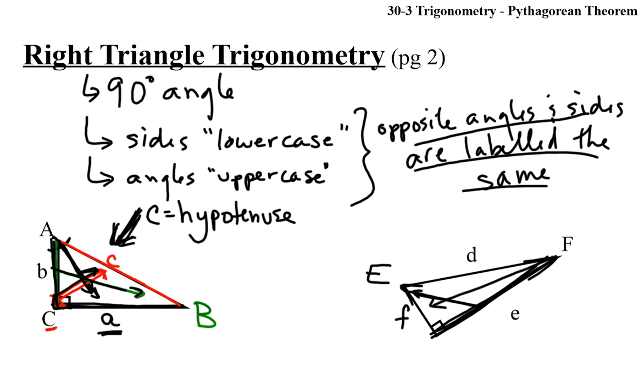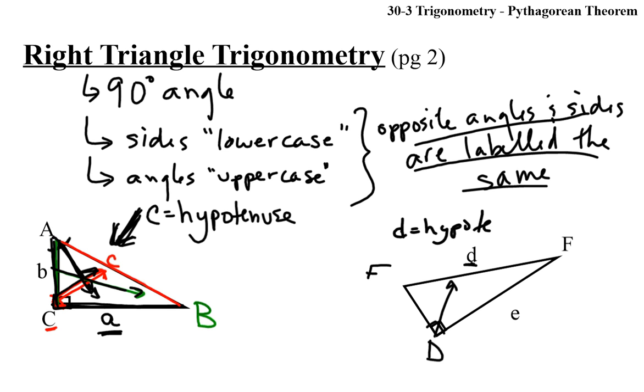That leaves one more angle, and we have side D, so that would have to be angle D, which makes sense because angle D is opposite side D. So that has to be the labeling we have. Now, what's the hypotenuse? The hypotenuse is across from the 90, so if that's angle D, across from angle D is side D. So in this case, side D is the hypotenuse.